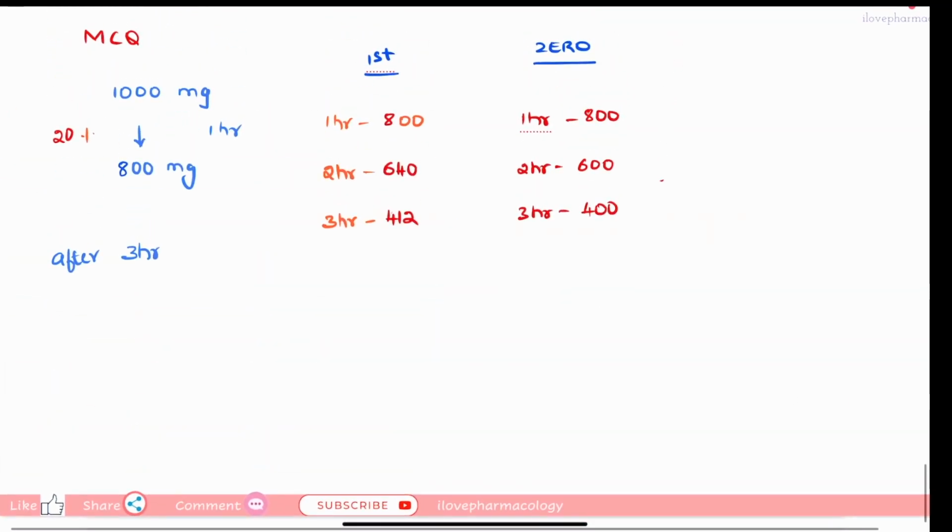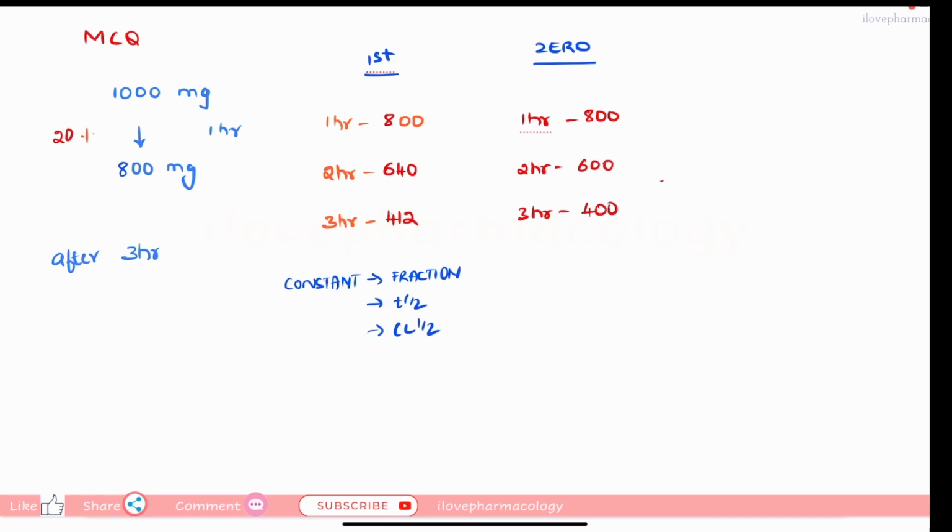So let us just summarize. In first order, what remains constant? The constant fraction is eliminated. The t half remains constant. Clearance remains constant.